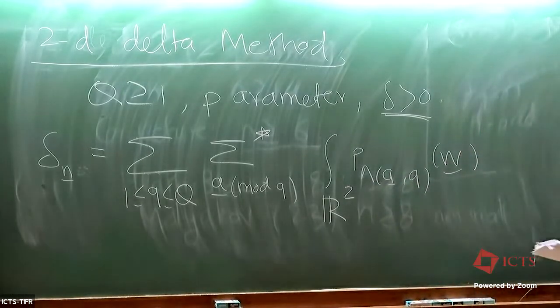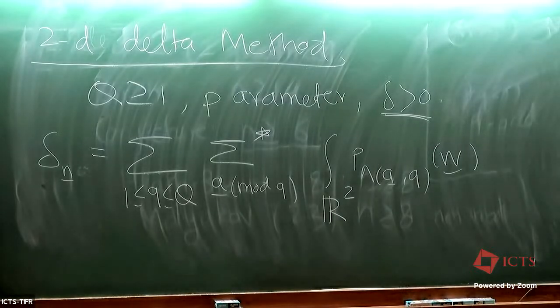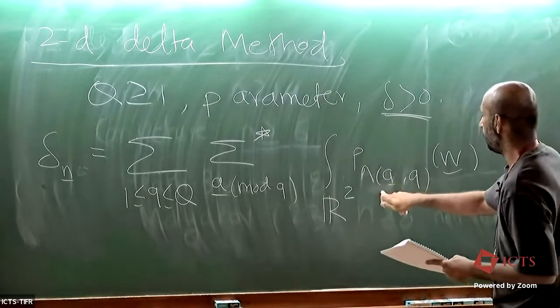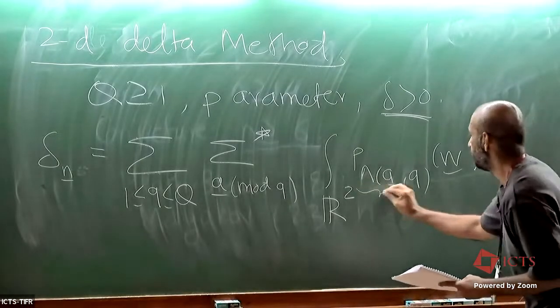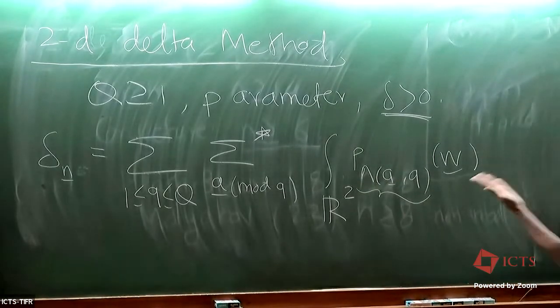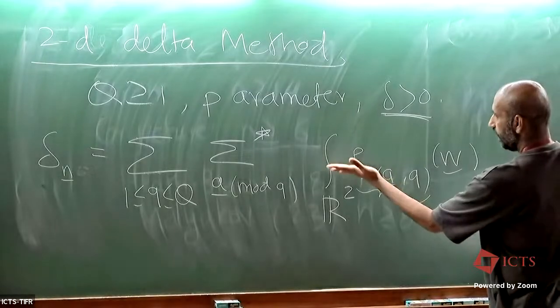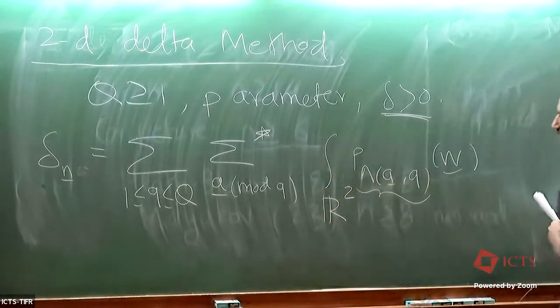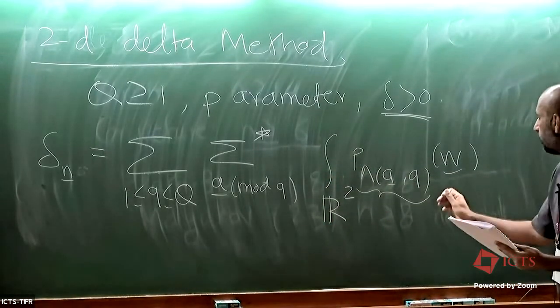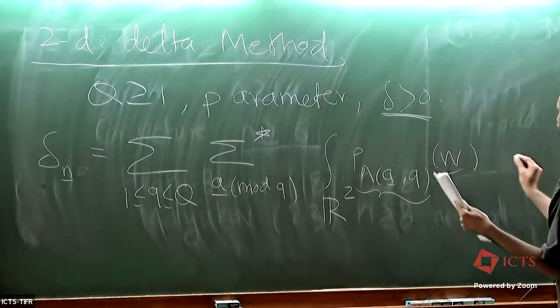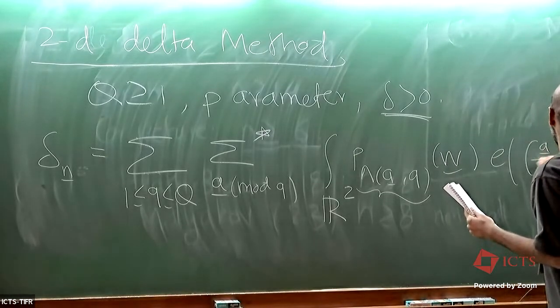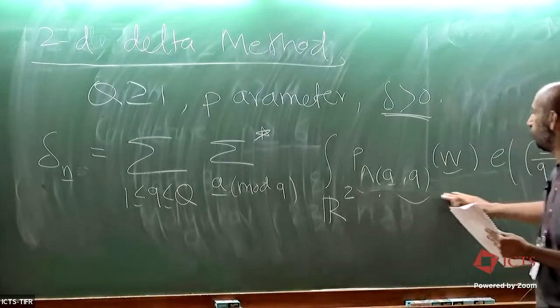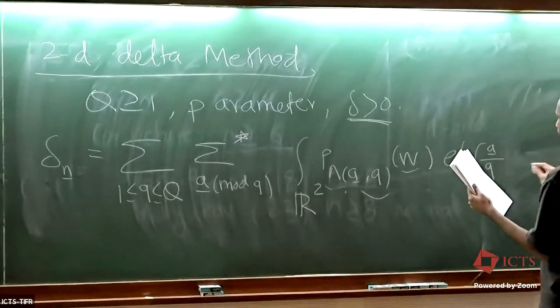This is an analog of P_Q of W in the one-dimensional sense. I will say in a second what this mysterious object is. I'll give you exponential sums, a partition of unity of the 0, 1 square, where my arcs are basically these smooth functions around each A over Q.